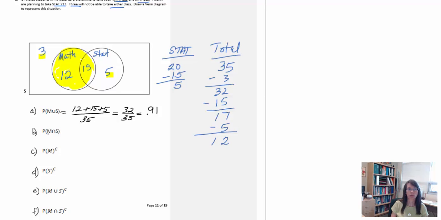So this is where we're looking for students taking both math and statistics. That would be the 15. So 15 out of the total, that makes 15 out of 35. And when we divide 15 by 35, we get 0.43.